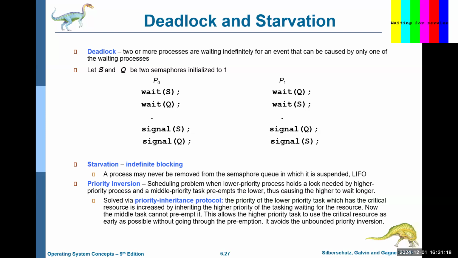In order to proceed, this program needs a lock on S and on Q. Now, if the other program needs a lock on Q and S, which is the same two locks but in reverse order, it could happen that P0 locks S and P1 locks Q, and now they're both waiting, in a spin lock essentially.